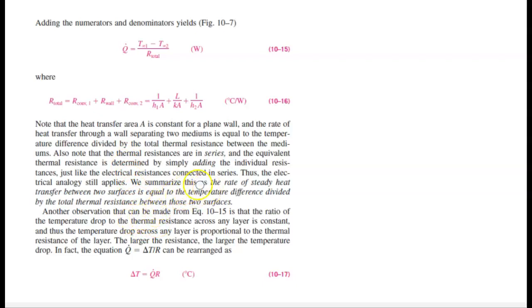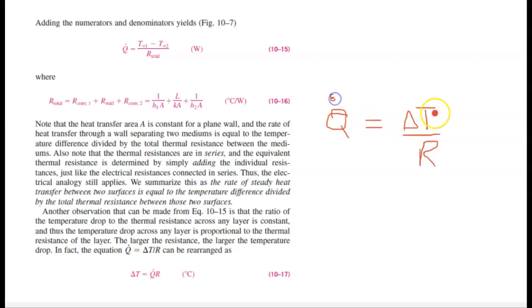Okay, now if we summarize that, the rate of heat transfer between two surfaces is equal to the temperature difference divided by the thermal resistance between the two surfaces. So we got Q equals delta T over R.